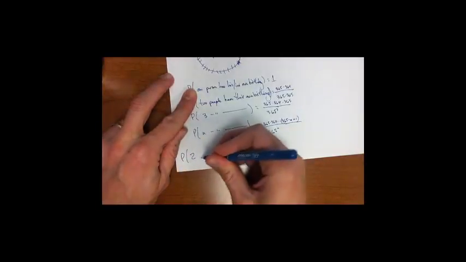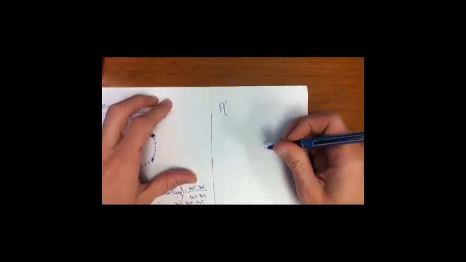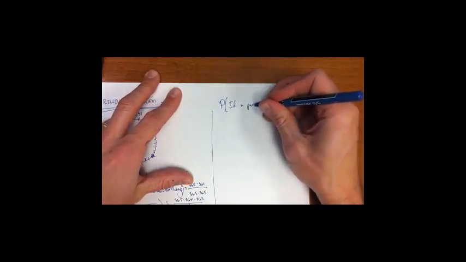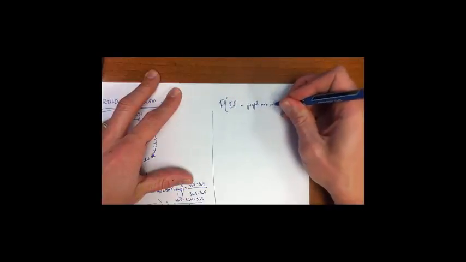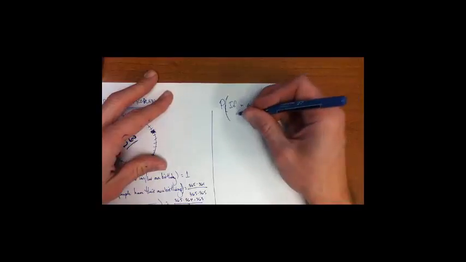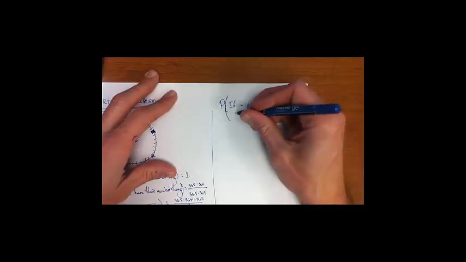Now, what is the probability that two... Well, let's write it like this. Let's write it over here anyway. What's the probability that if you have n people in a room, two or more share a birthday?